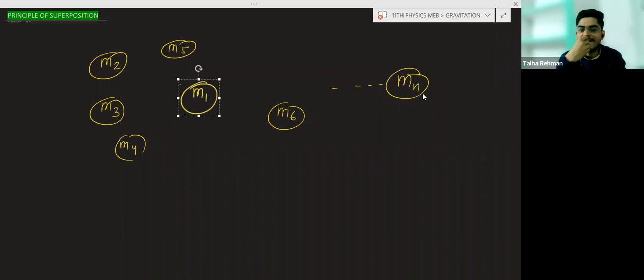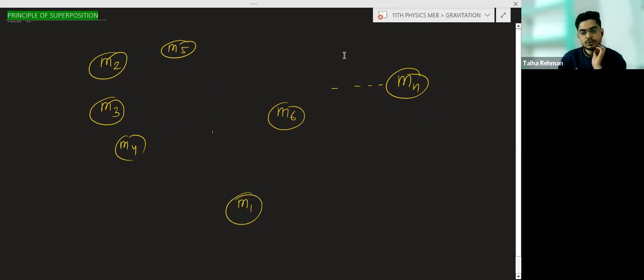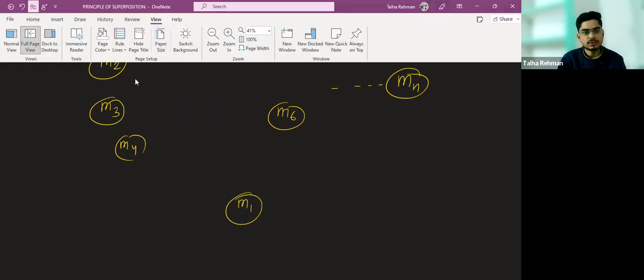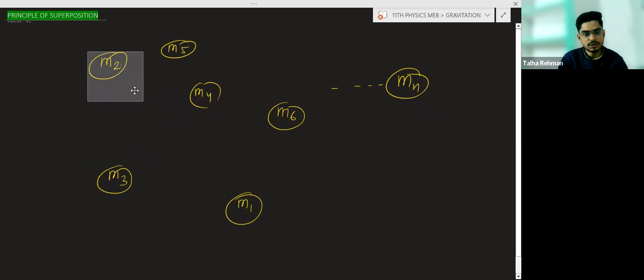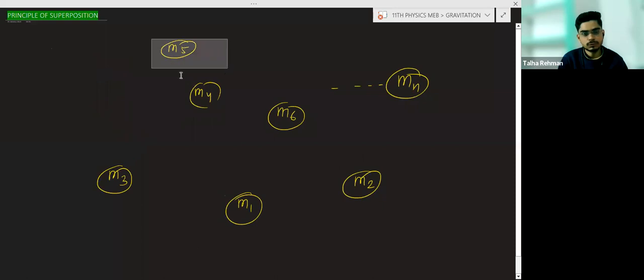Okay, suppose, just as an example, this is mass m1, and m3 and m2 should be here.